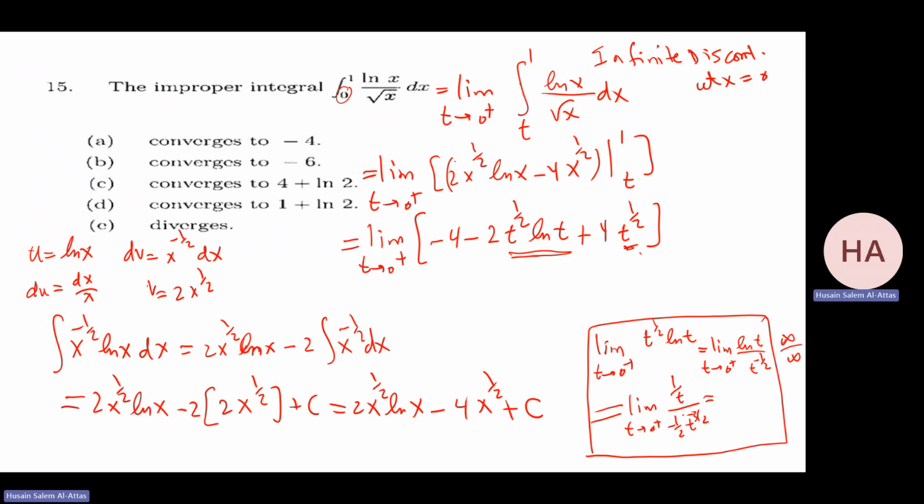That gives me minus 2 times the limit as t goes to 0 from the right of t to the power 3 over 2 over t, which is t to the power half, and that will be 0. So all of this is 0. So this limit is minus 4 minus 0, and the other term is also 0. So the answer is minus 4. It converges to minus 4.